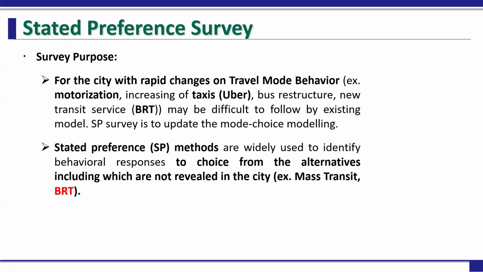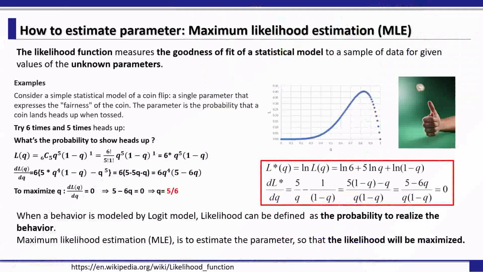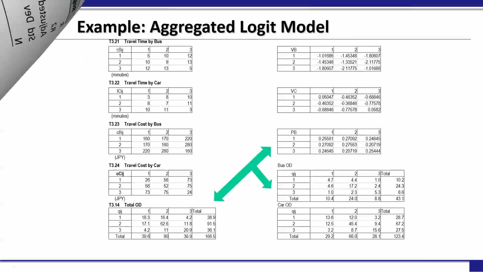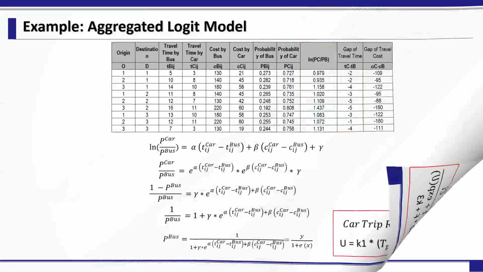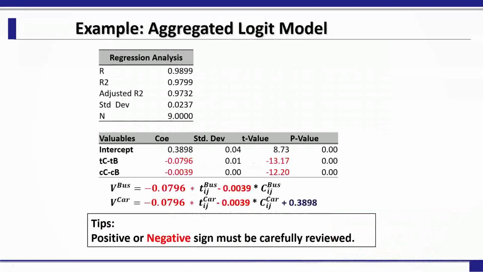As I explained two days ago, we have conducted a stated preference survey about travel mode choice behavior with the BRT. Stated preference methods are used to identify the behavioral response to choices from alternatives, including those which do not yet exist in the city. The disaggregated logit models I explained are based on today's behaviors.